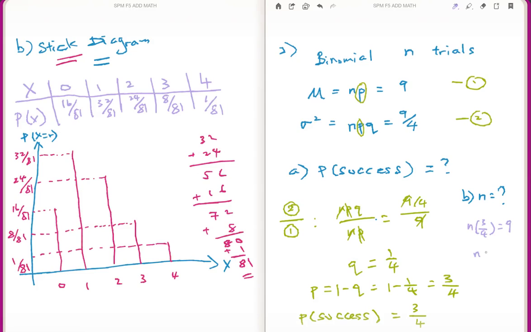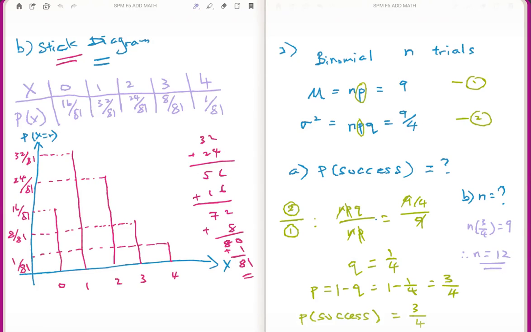Therefore my n would be 12. Easily, you get the answer. So I think it's quite straightforward for binomial. You don't need to worry much about it.